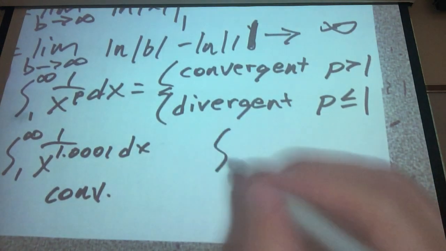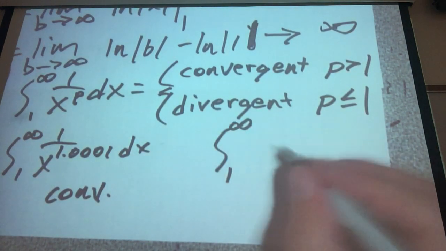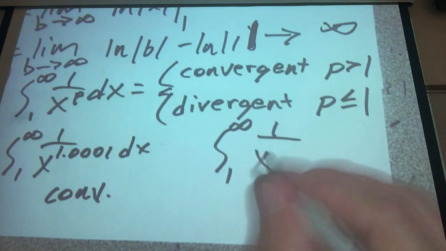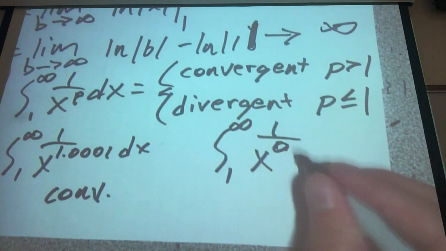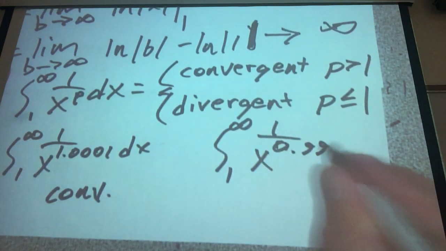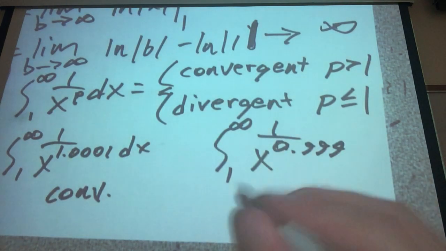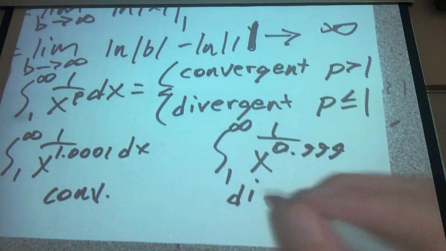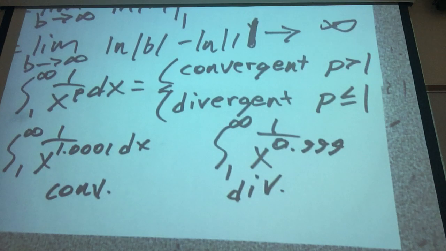And the integral from 1 to infinity of 1 divided by x to the 0.999, this is divergent. Okay? So when p equals 1, that really is a borderline between convergence and divergence.